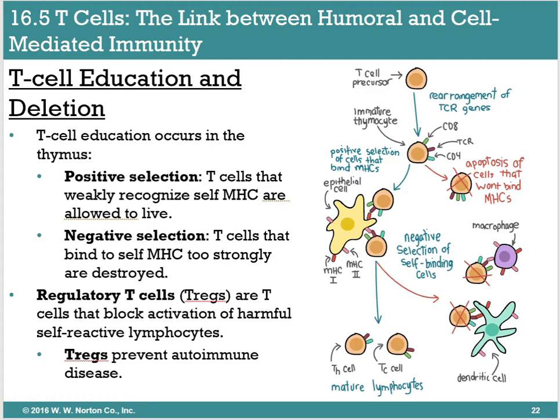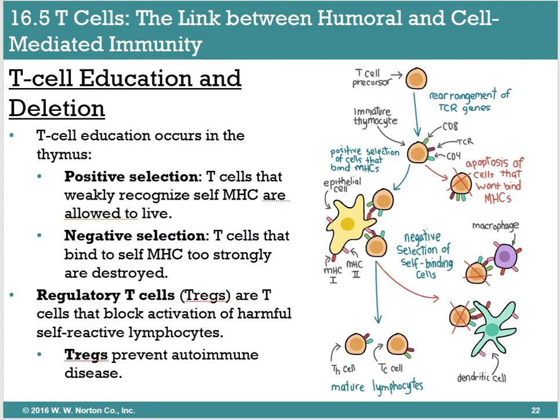So the positive selection, this selection will ensure the MHC restriction by testing the ability of the MHC1s and the MHC2s to distinguish between self and non-self. So, meaning that the T cells, these guys, they will weakly recognize self, and at the end, a cell will be allowed to live.